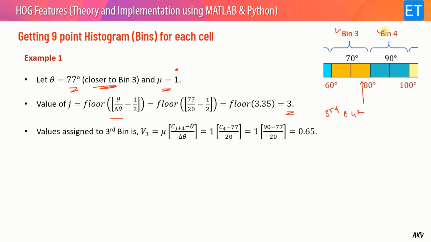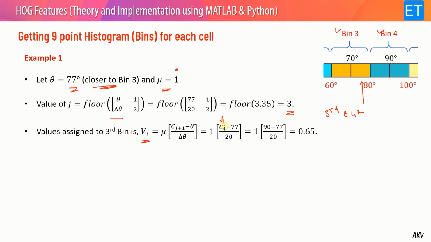By how much value? Let us find the contribution to the third bin. This V3 will be calculated by this equation: mu times C(j+1) minus theta, upon delta theta. Mu is 1, and since j is 3, it is C4 minus 77, upon 20. What is this C4?